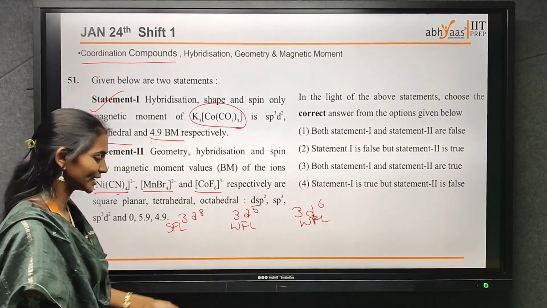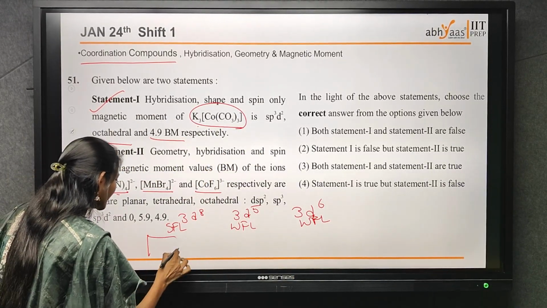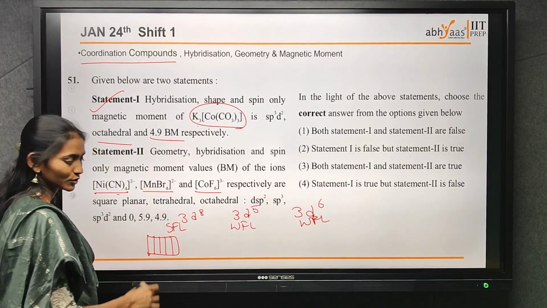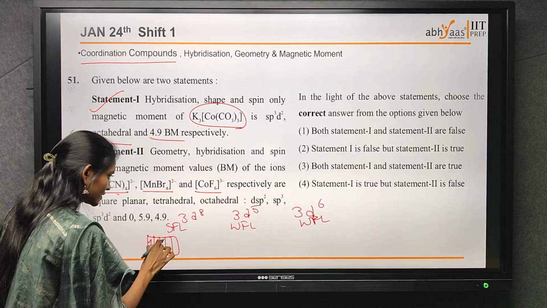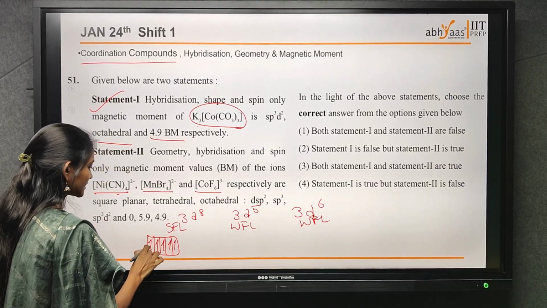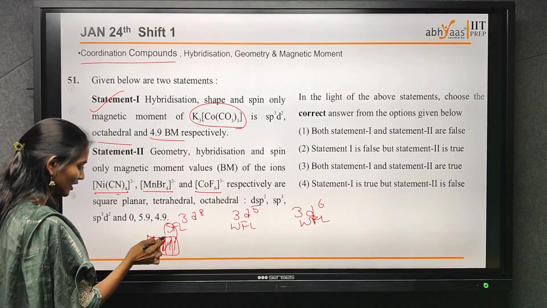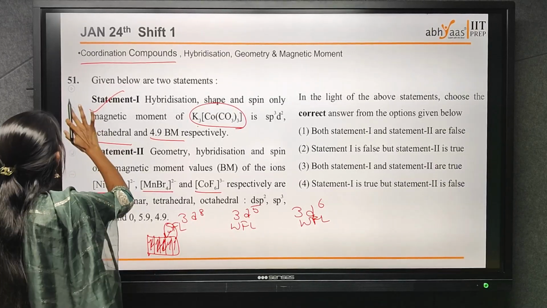If you see the splitting here, d means 1, 2, 3, 4, 5. If you see 1, 2, 3, 4, 5, 6, 7, 8, it is already filled. This electron is coming into this way.